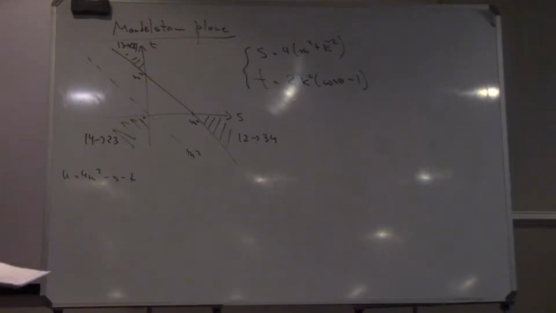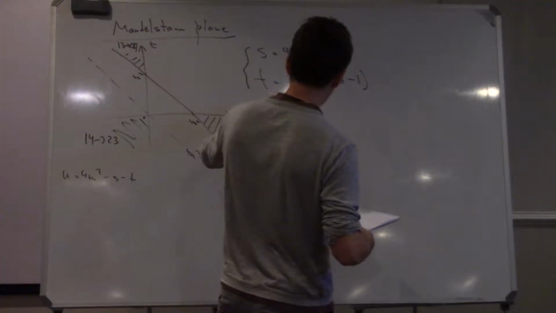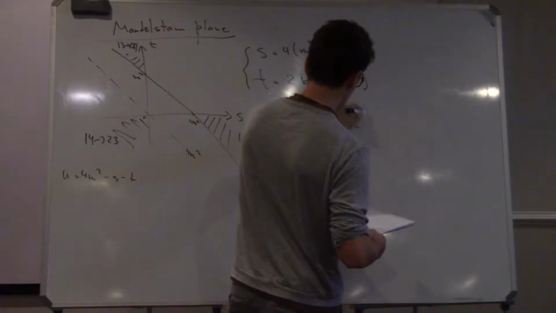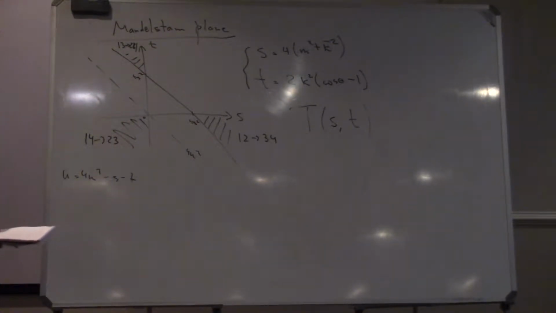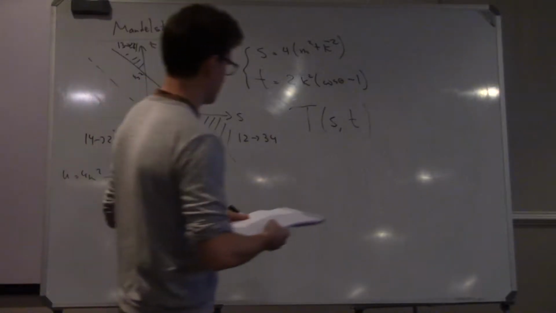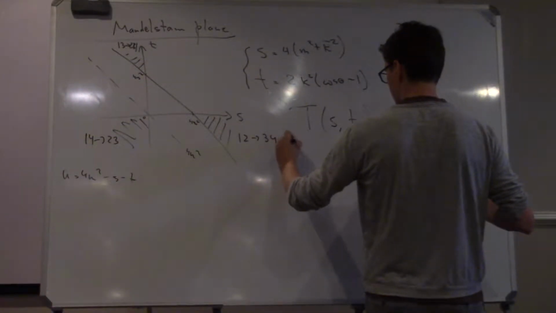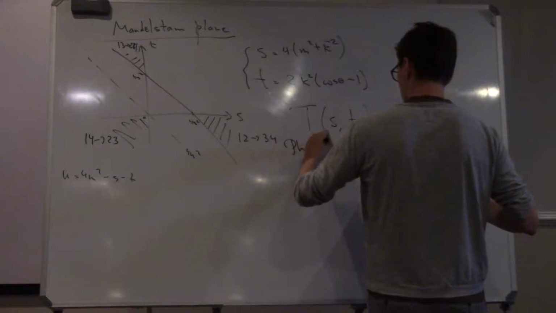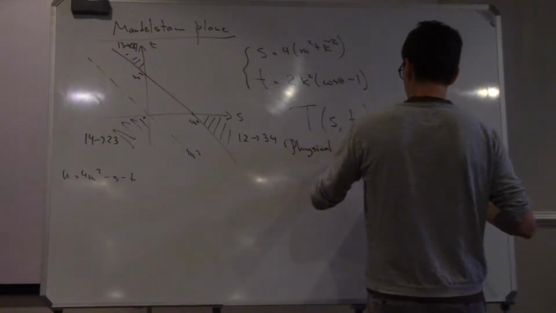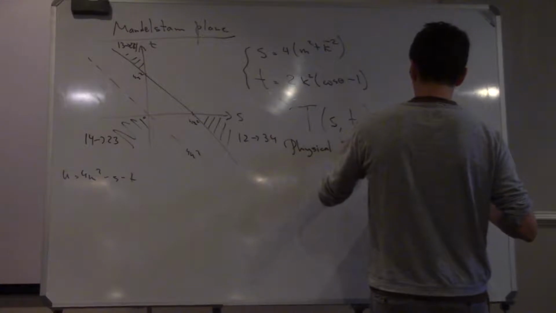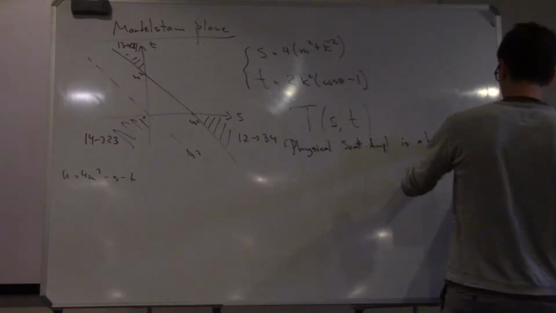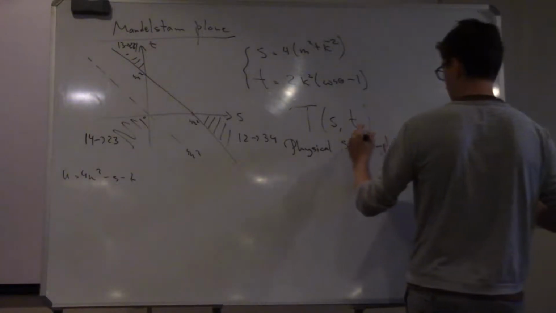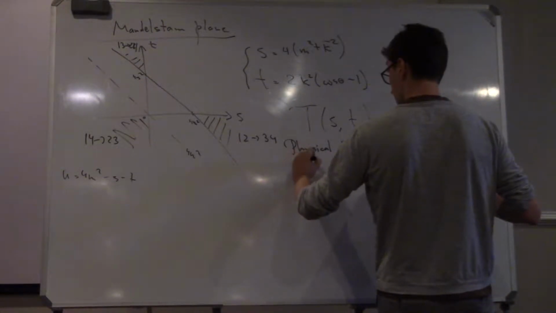We should think of this function T of S and T as living really in C2. Each of these variables is complex, and the physical scattering amplitude is a boundary value of a single analytic function.